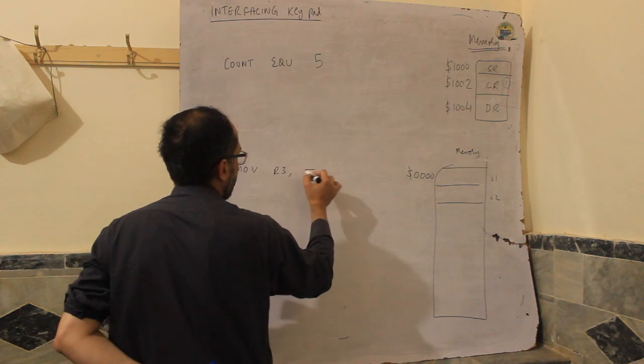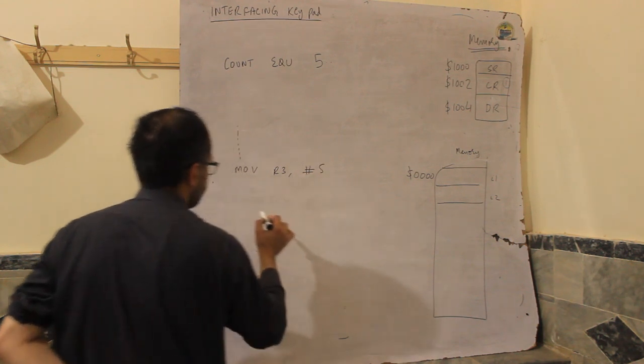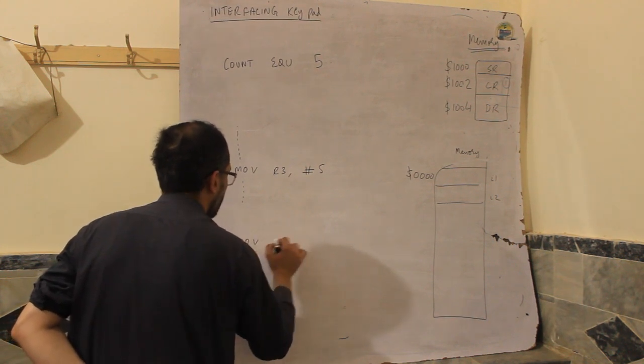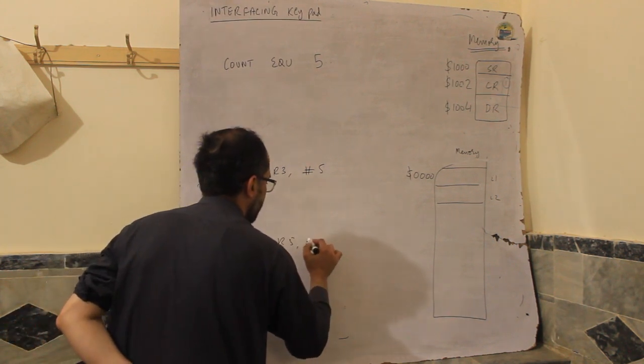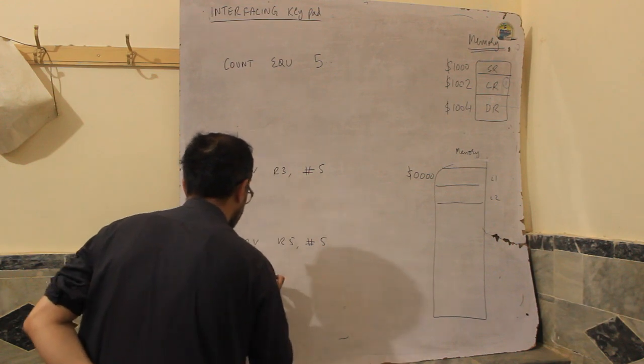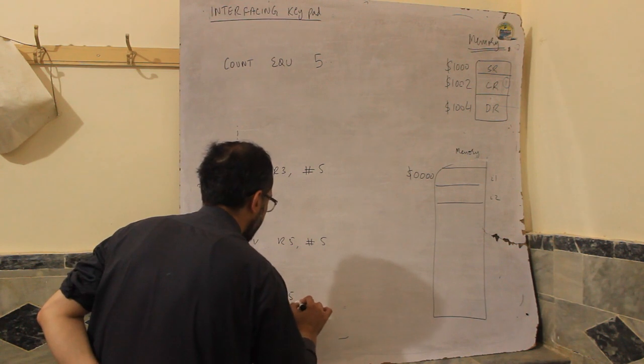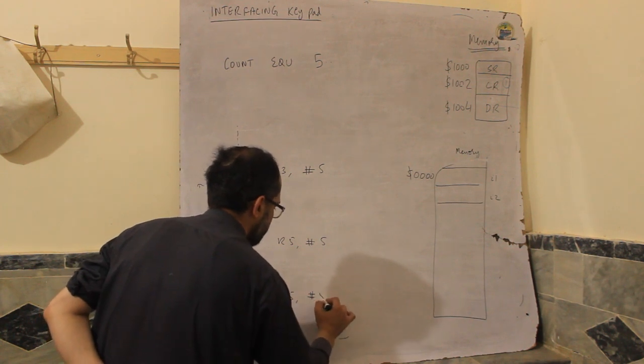Let's assume that we have some assembly language program and we say move R3, #5. This is an immediate addressing mode. Or move R5, #5, or compare R5, #5.